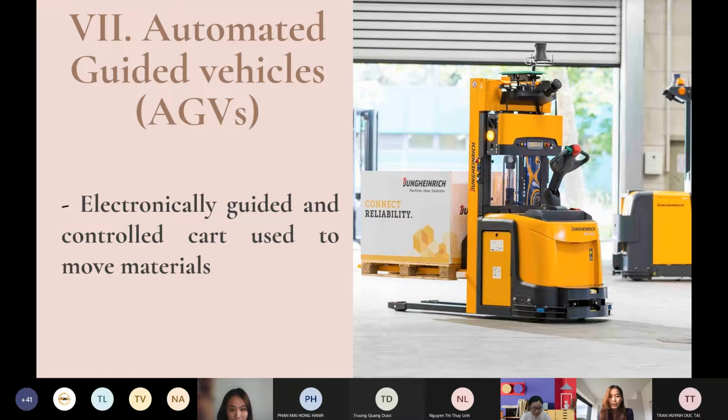Automated guided vehicles, AGVs, are electronically guided and controlled cars used to move materials, like in the picture. They are used in manufacturing and warehousing to move parts and equipment. Besides, they're also used in offices to move mail and in hospitals and jails to deliver supplies and meals.